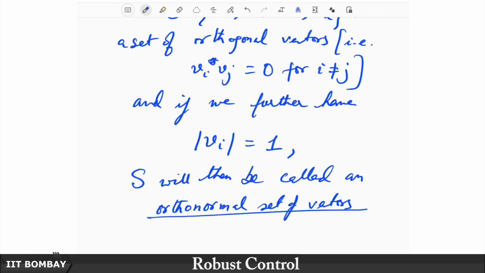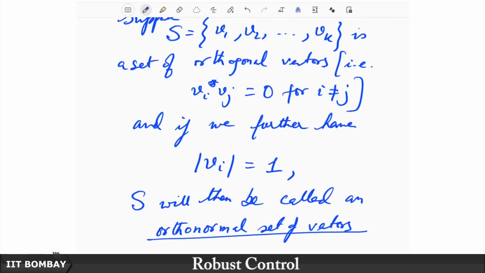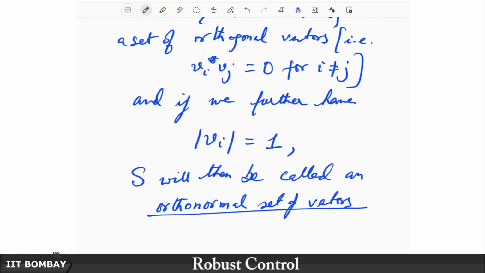Once again, what is a norm? The moment you have an inner product defined, a norm is automatically induced, in the sense that if you take the inner product of a vector with itself, you get the norm squared of that particular vector. So, if you have a bunch of orthogonal vectors, each of which has a unit norm, then you call them an orthonormal set of vectors.